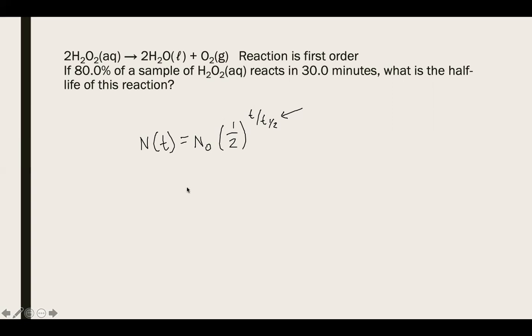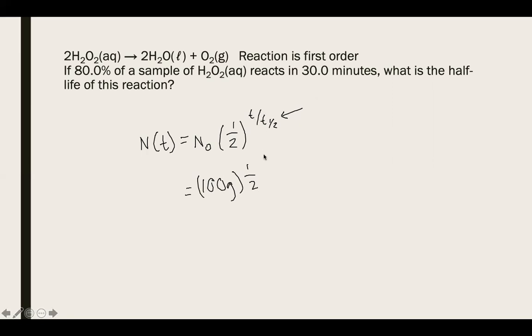So we can just plug in 1 here for the initial amount, right? Because you can just set it equal to whatever. So you could even think of it in terms of percent, and say it's set equal to 100. So if there were 100 grams total of H2O2, then 80 of them would have reacted because 80% of them reacted. So we have 1/2, and we have our time.